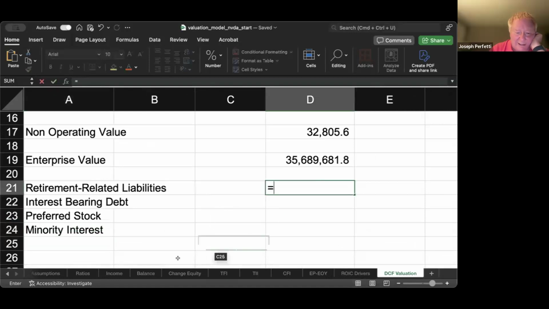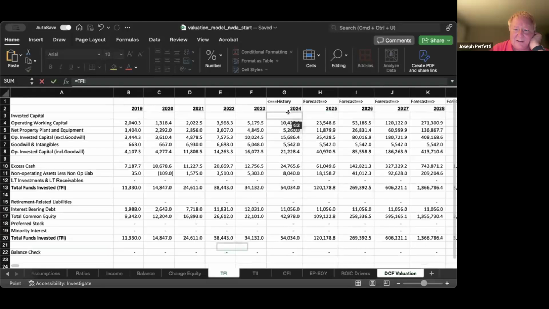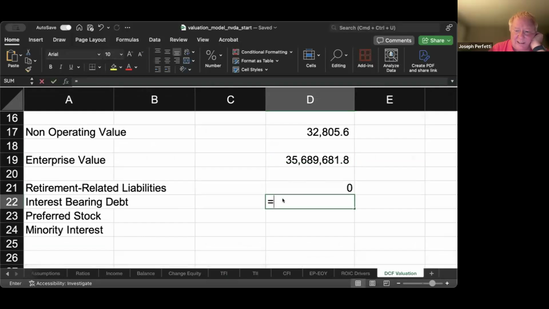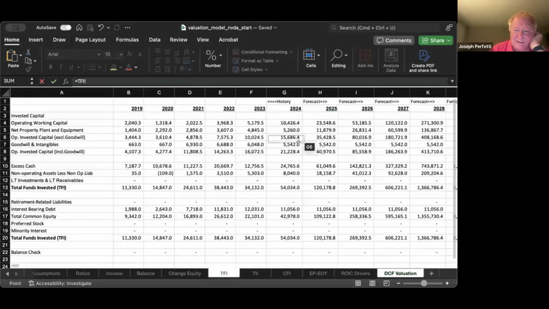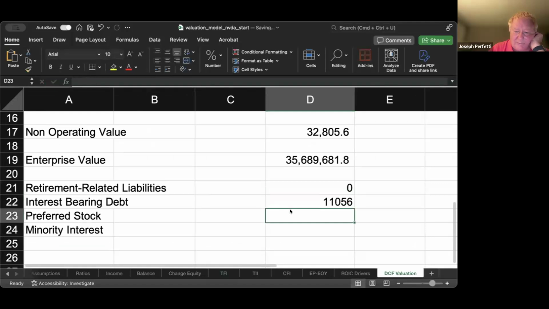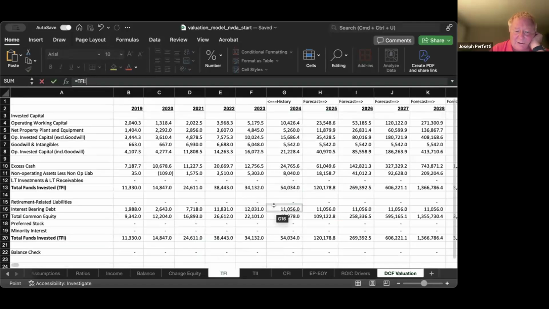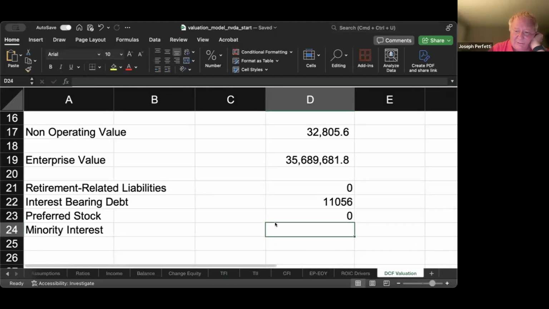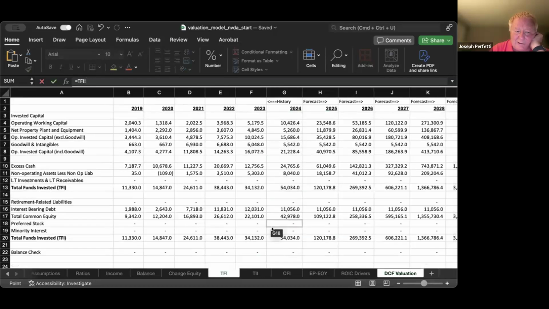It's what we owe them today. Retirement-related liabilities equals TFI 2024 G15. Interest-bearing debt equals TFI G16. Preferred shareholders, if they had any, equals TFI G18. And minority shareholders equals TFI G19.